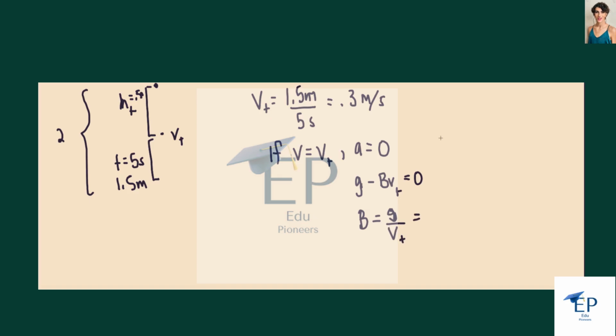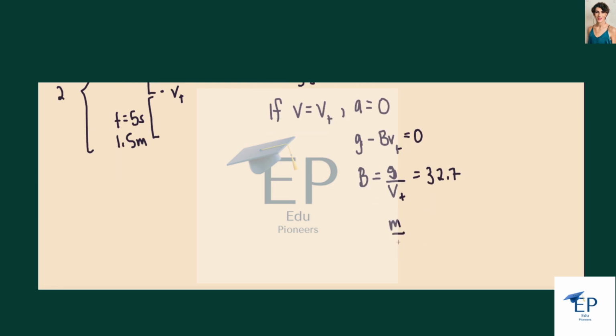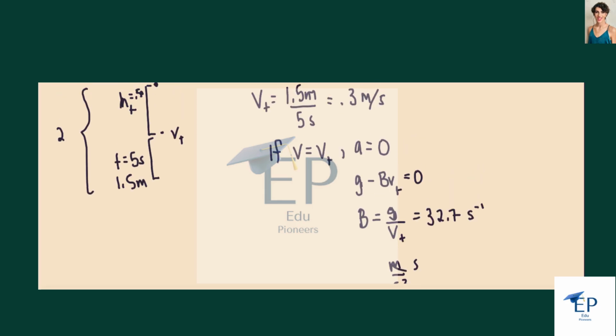And so we're going to do 9.81 divided by 0.3. So that's 32.7. What are these units? Meters per second squared divided by meters per second is going to give us inverse seconds. So that's what I get for B.